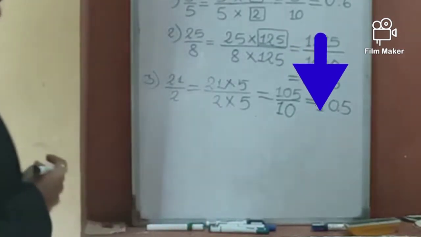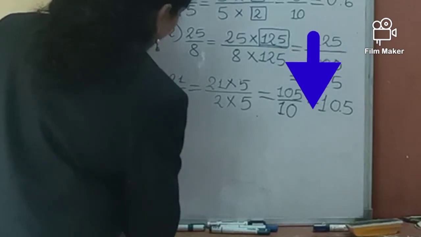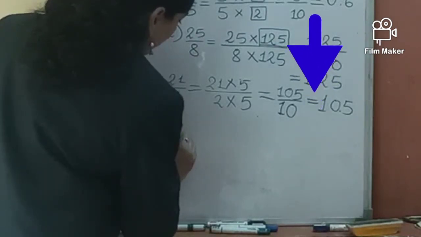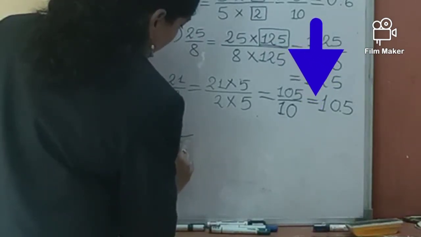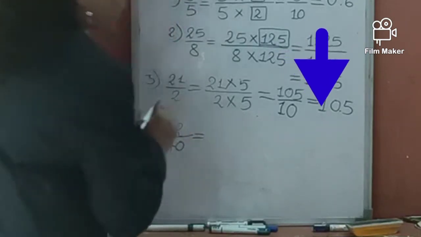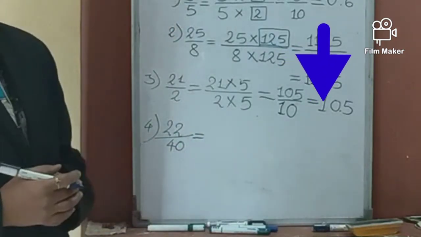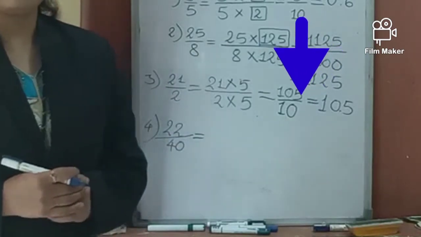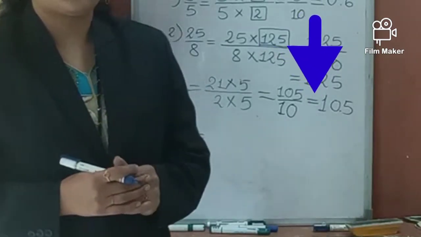Okay. Now let's see the next question. Fourth one is 22 upon 40. 22 upon 40 is equal to, it is given 11 upon 20.